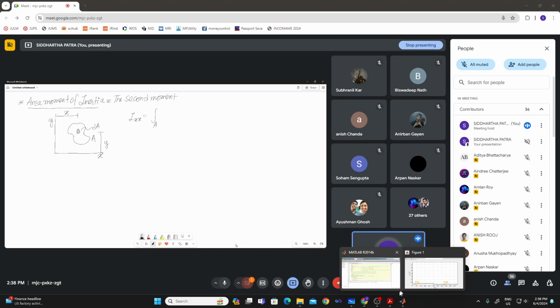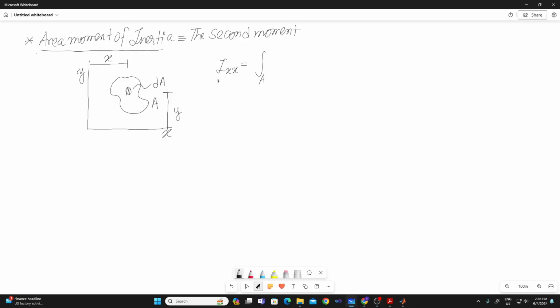So this is called the area moment of inertia about x-axis, and this is how it is defined. This is y squared dA. So the integrand here is y squared, and this is why this is called a second moment.